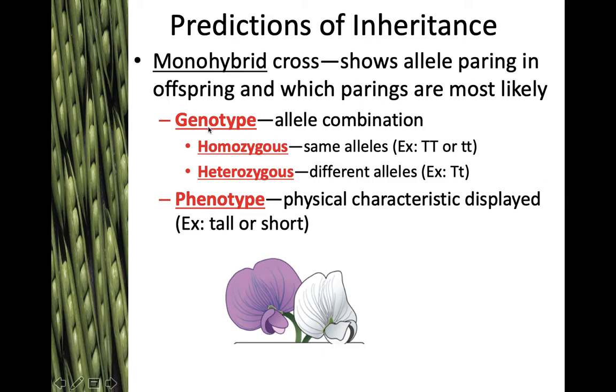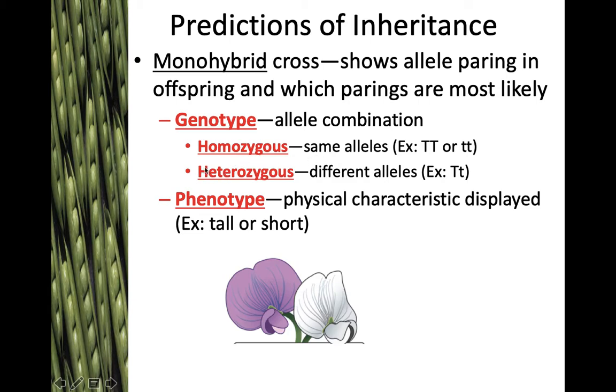So what's your genotype? Your genotype tells you, are you big T, or little t, or big T, little t? And we have two ways to describe that. If you're homozygous, we say you have two of the same alleles. The way I like to think about this is if I run my pen across the top of my word, homo, all the letters are the same. So that means I have two of the same allele.